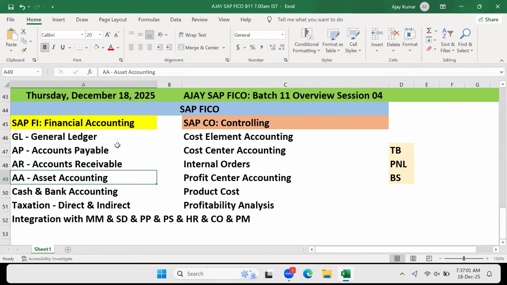When you're using these fixed assets for your own usage, on every fixed asset, will the value increase or decrease? Will decrease. Now, this value decrease is represented as what? Depreciation.